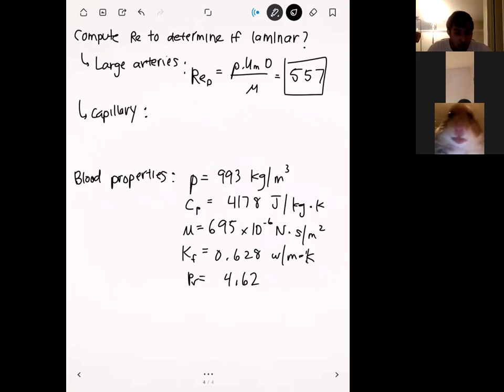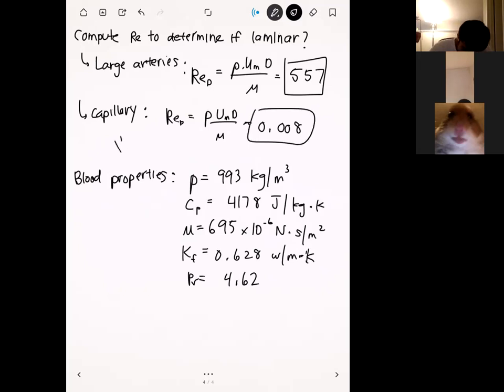And then for the capillary, we can do the same thing: rho u_m times D divided by mu, with D equal to 0.008 millimeters. Since both of these are less than 2300, the flow in both the large artery and the capillary is going to be laminar.